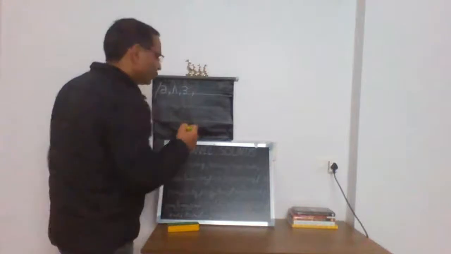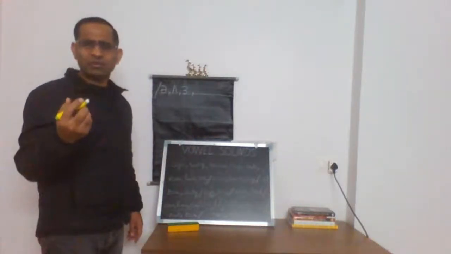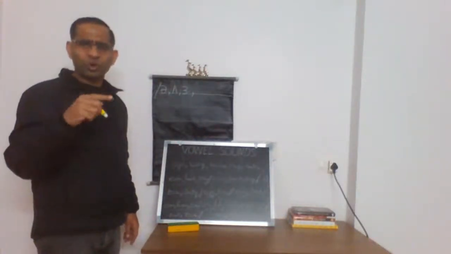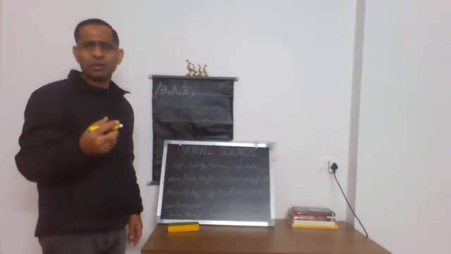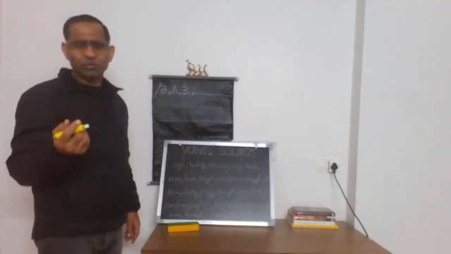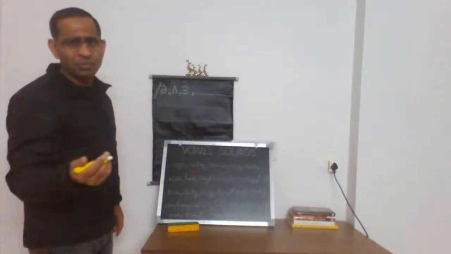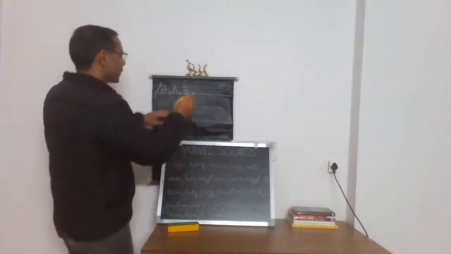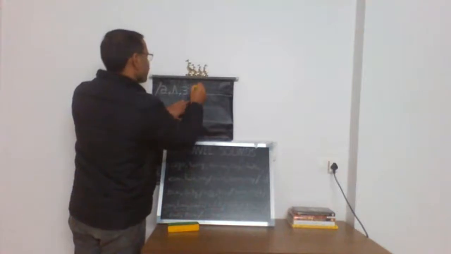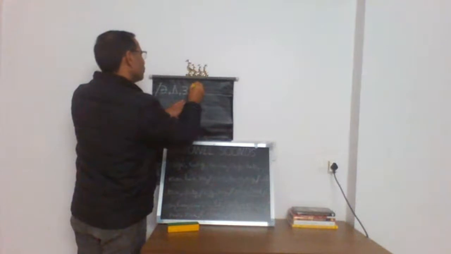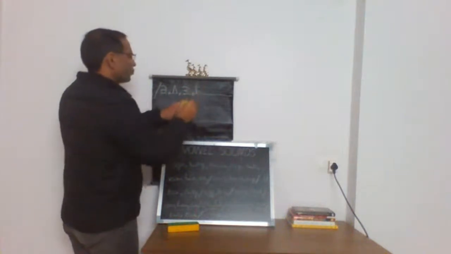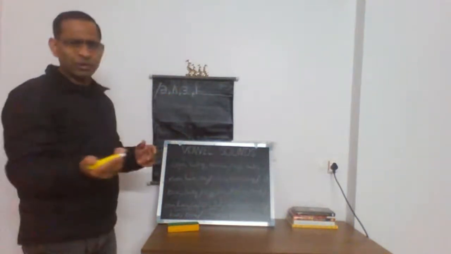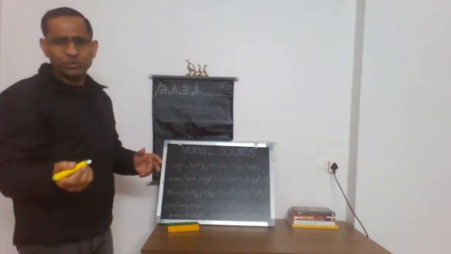Then we have two e sounds in English. One is long e and the other is short e. Short e, just like in the alphabets. This is our long e. We have a short vertical line, then three dots, one above it and the two dots just next to it.